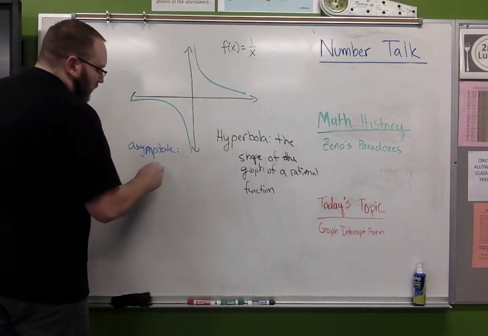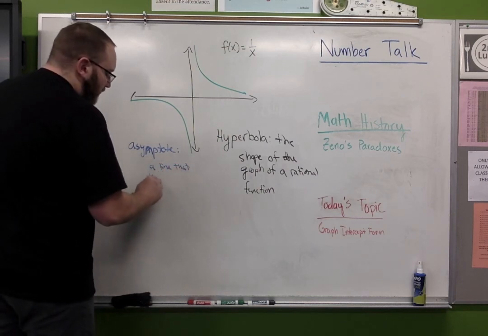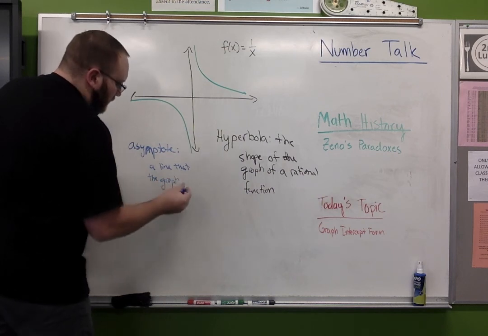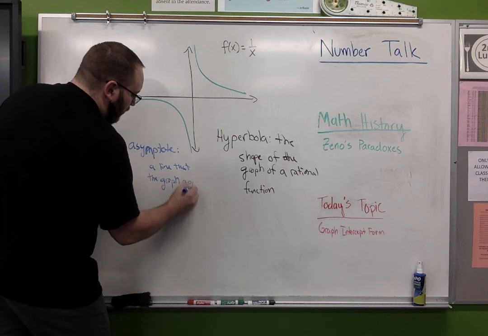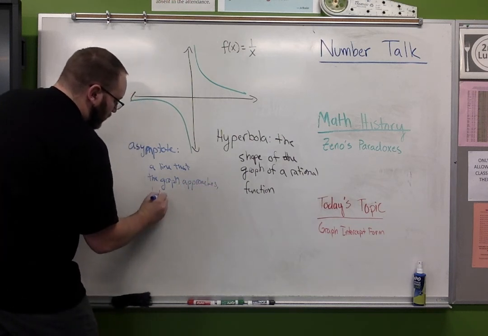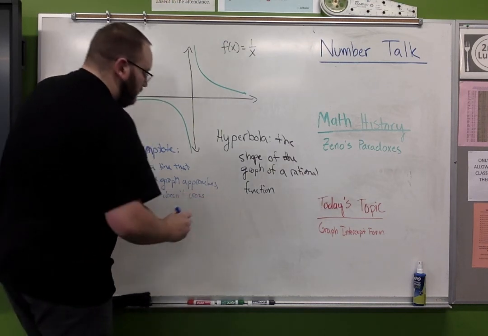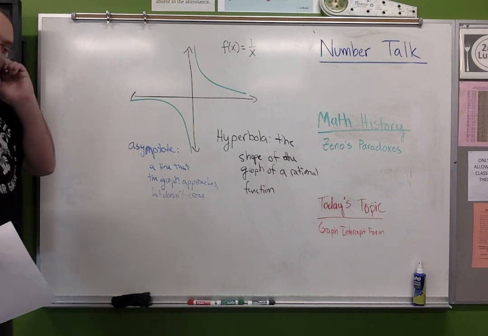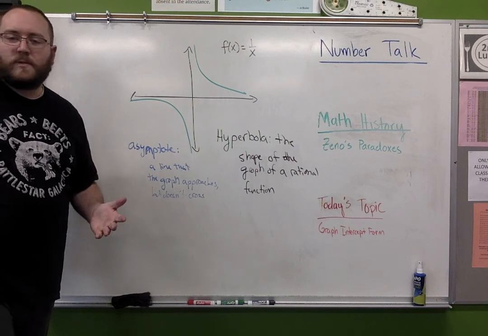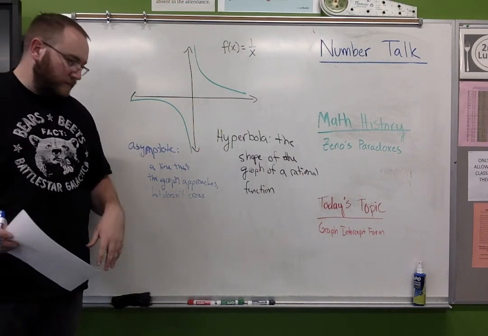So, a line that the graph approaches but doesn't cross. Okay, so an asymptote is a line that the graph will approach, but it will not cross. You saw asymptotes in SM2, or SM3, with exponential graphs.